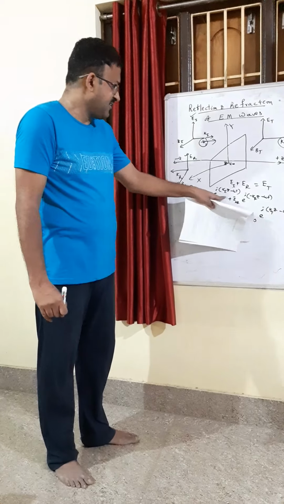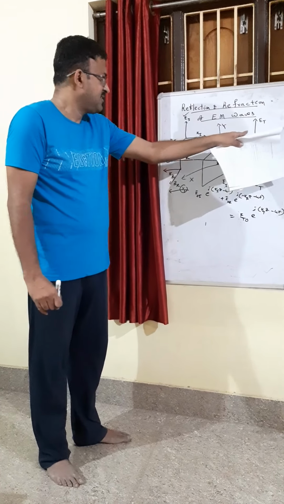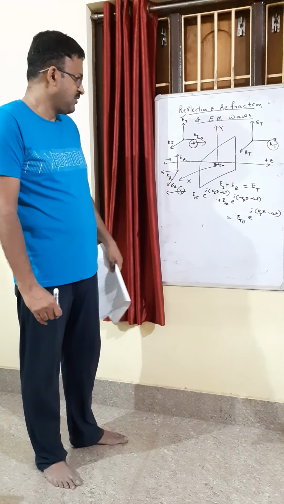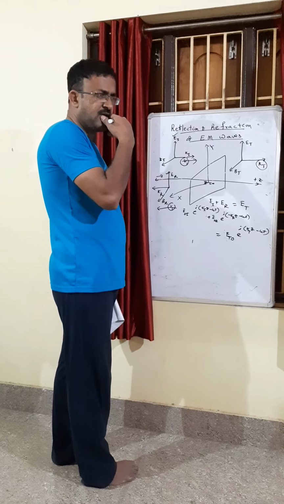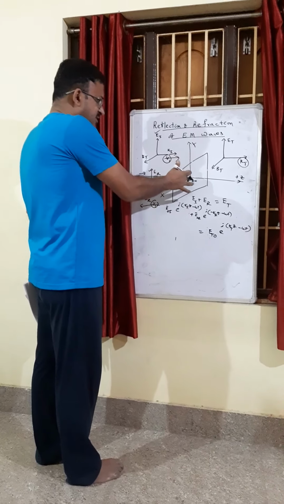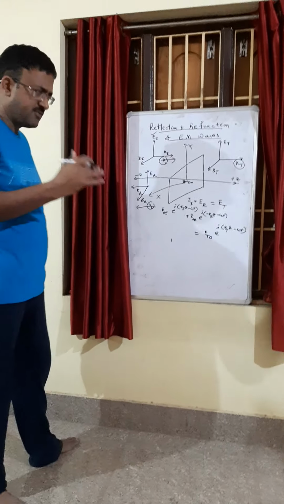And all these vectors are along the y axis. But we have to test the conditions near the boundary. That means we will put z equal to 0.